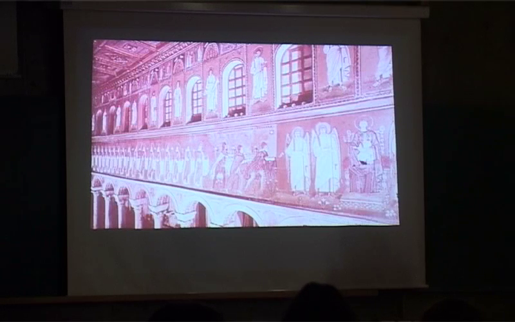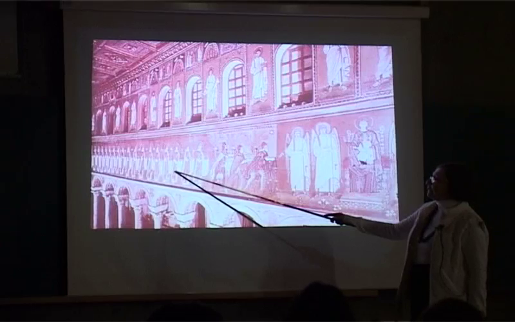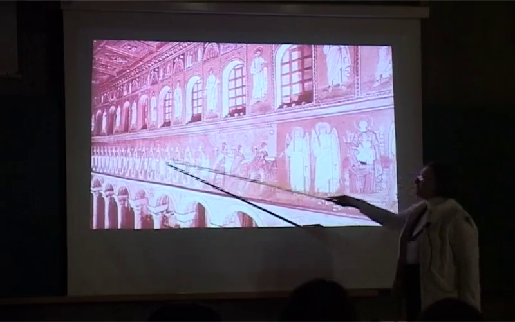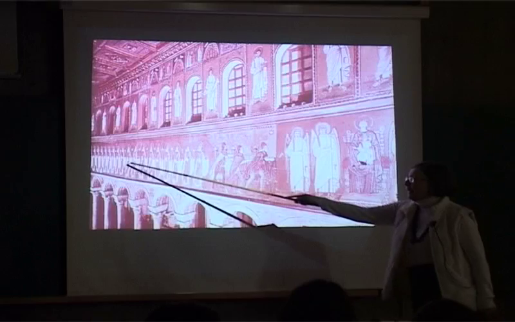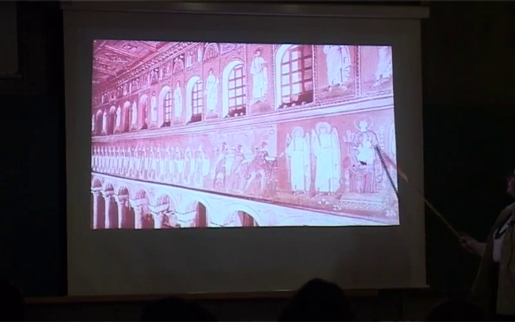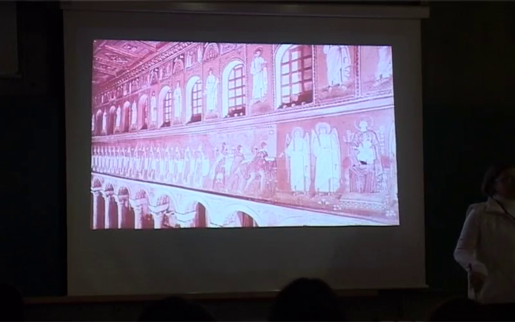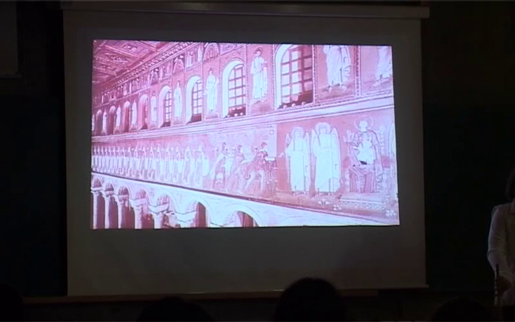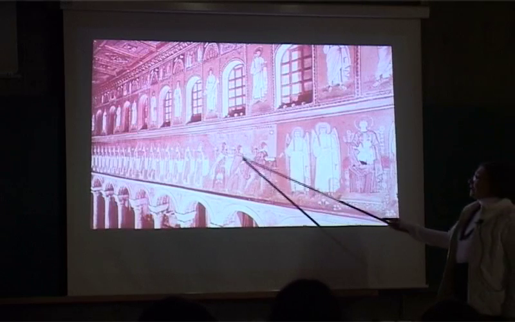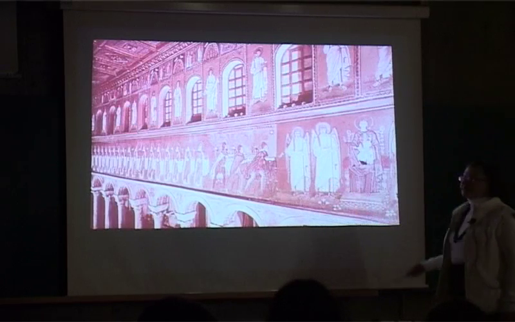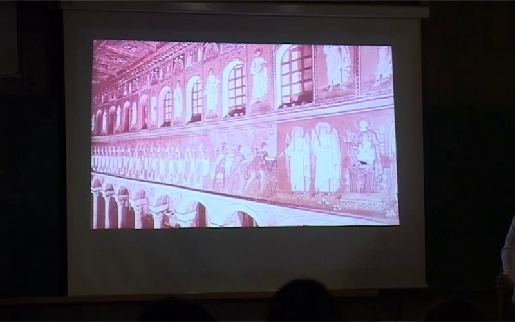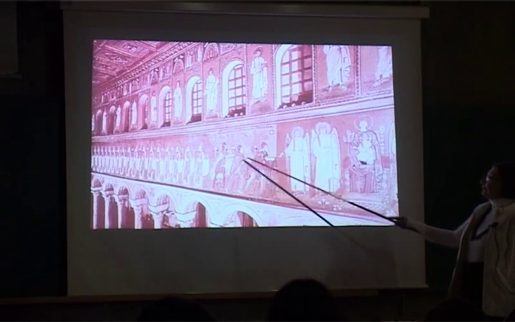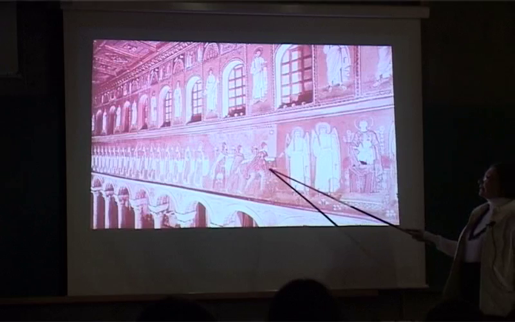On the other side, facing the male saints, you have the female saints, and they are progressing toward the seated Virgin Mary, while the male saints are progressing toward the seated Christ. The three magi who announced the birth of Christ also find their way in this mosaic panel.